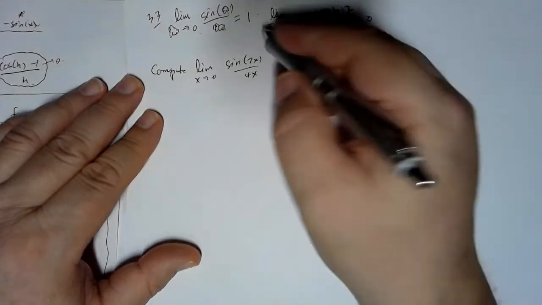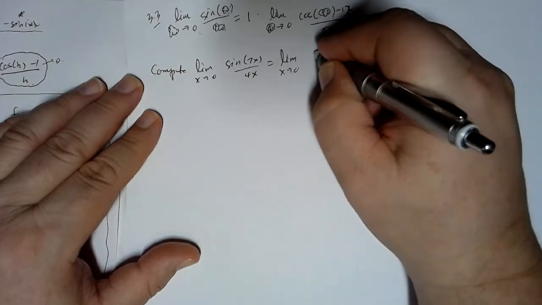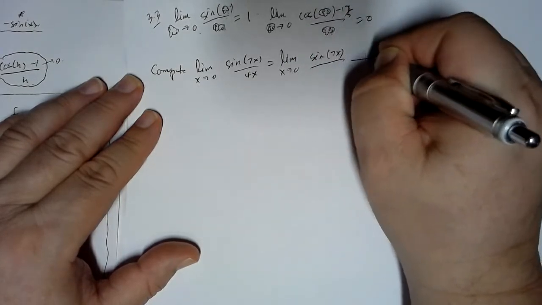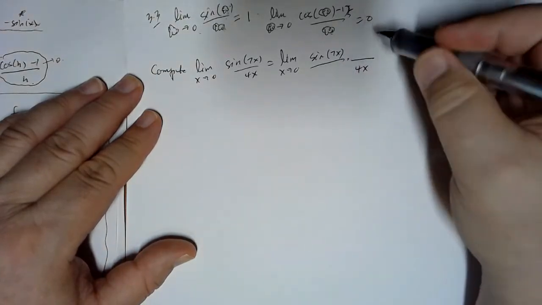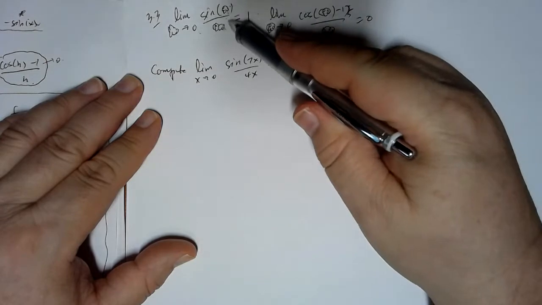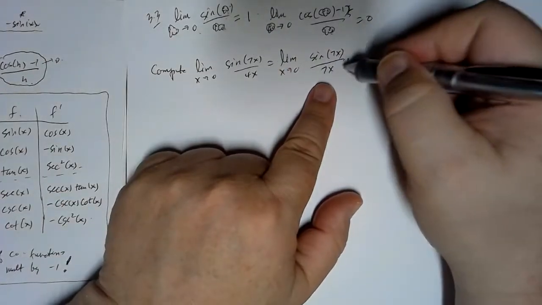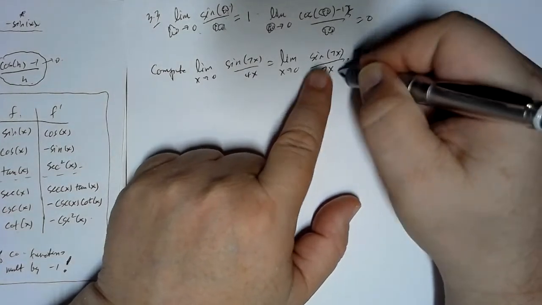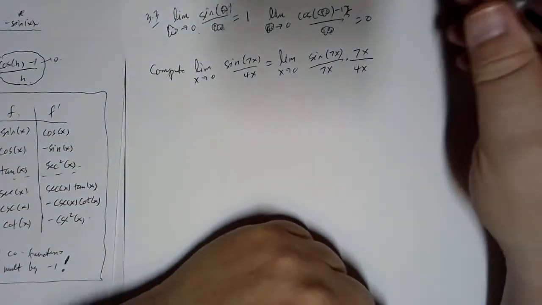The trick is to use a little bit of algebra, and I'm going to multiply and divide by the same number. What do I have to put here in order to get the right pattern? I need a 7x to appear there. But if I put a 7x in the denominator, I have to multiply by 7x as well, just to balance the fraction out. And now I've got the right expression.